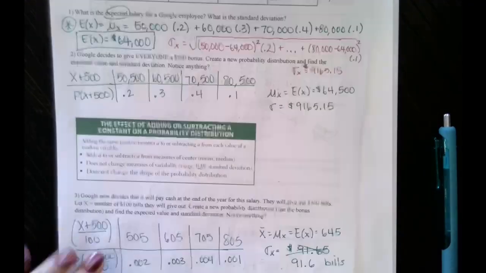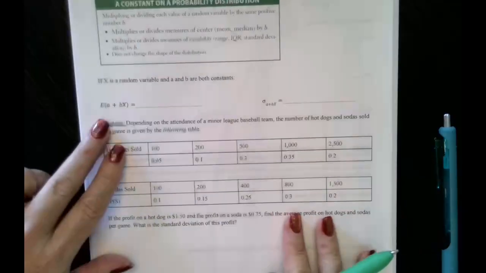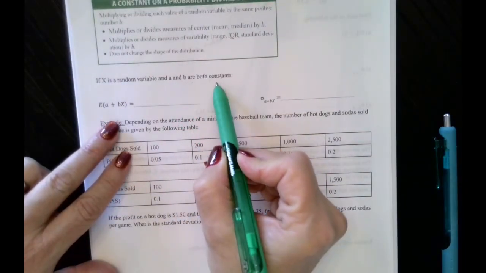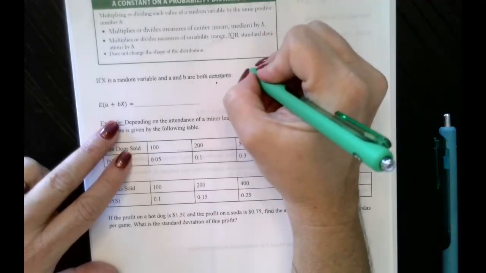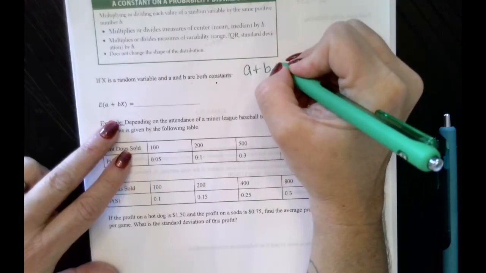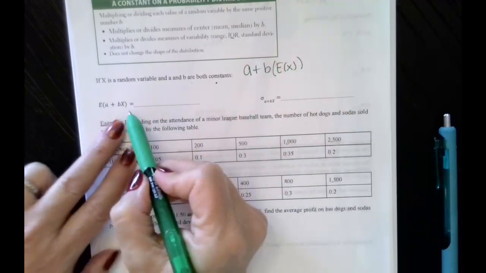So what we have here, and that's all that this says, is if x is a random variable and a and b are both constants. What this looks like is if I have something like a plus b of whatever my new value is, so E of X. And actually, I guess I can plug this down here.